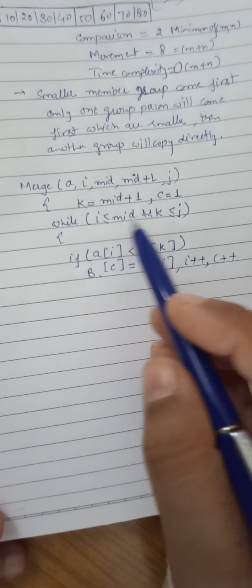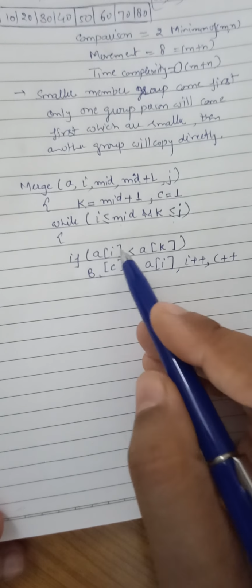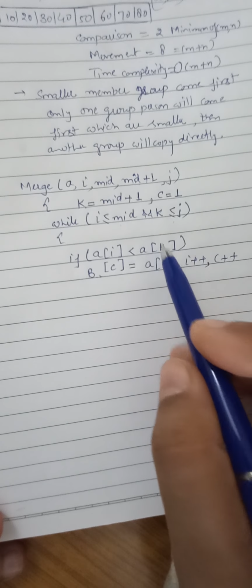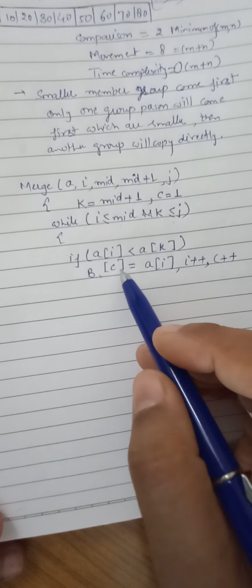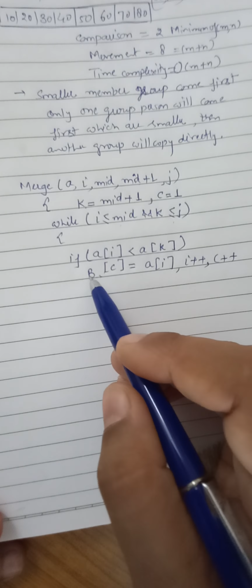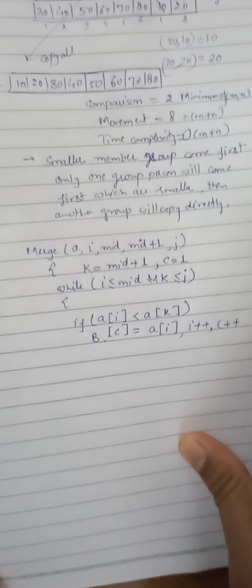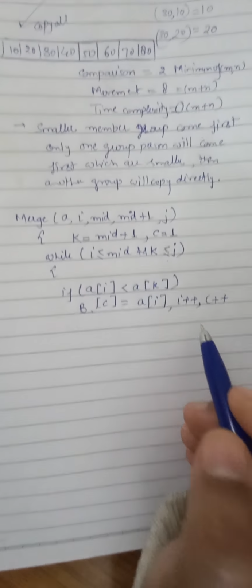In both cases we are comparing the array element of the first subarray and of the second subarray, and whichever is less will come to the other array in which we are storing after comparison. Then we increment both i and c.